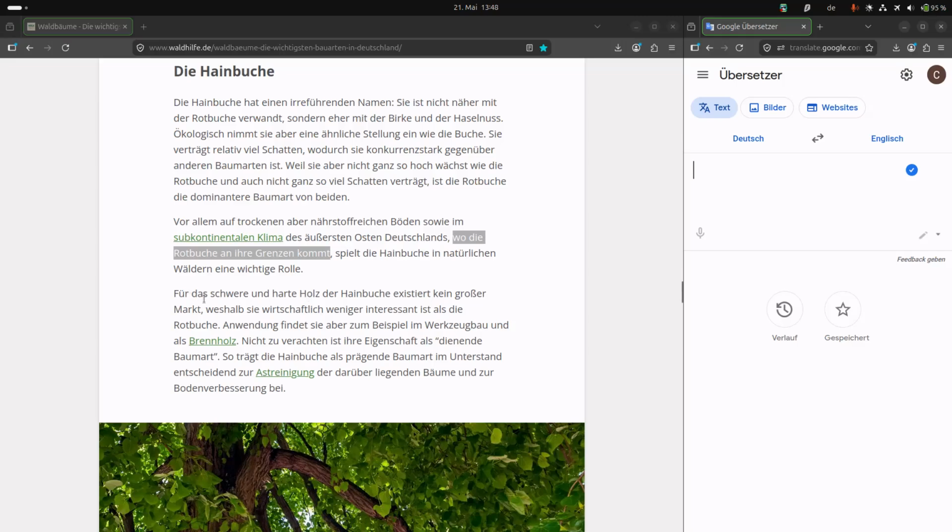Für das schwere, for the heavy, und harte, and hard, Holz, wood, der Hainbuche, of the hornbeam, existiert, exists, kein, no, can also mean none, but in this case no, großer, big, Markt, market.